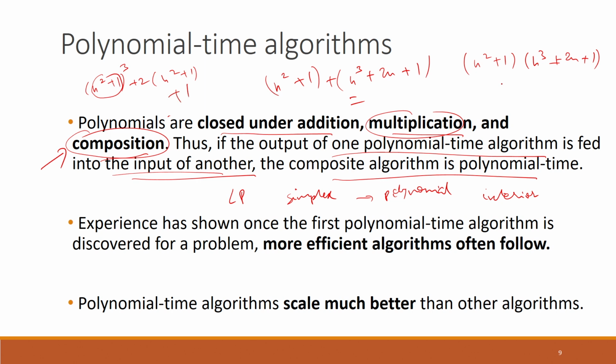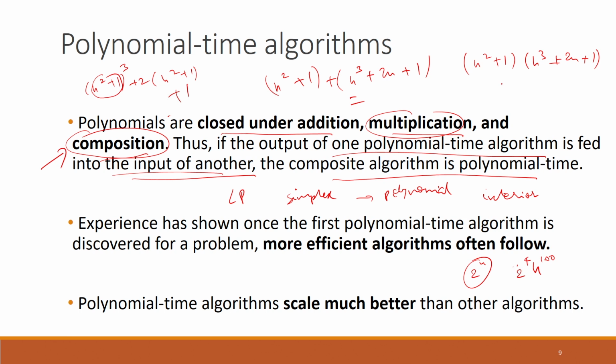So for example, if there is an algorithm that is not polynomial time, say an algorithm takes 2 to the power n operations, this function 2 to the power n grows very fast, faster than any of the polynomials. For example, it grows faster than say n to the power 100.